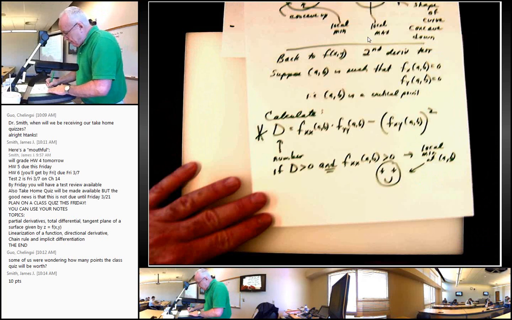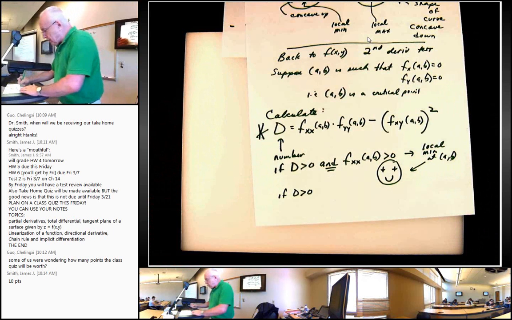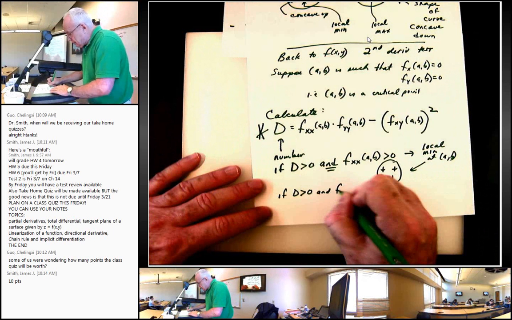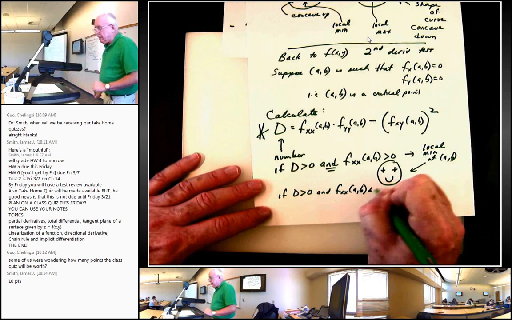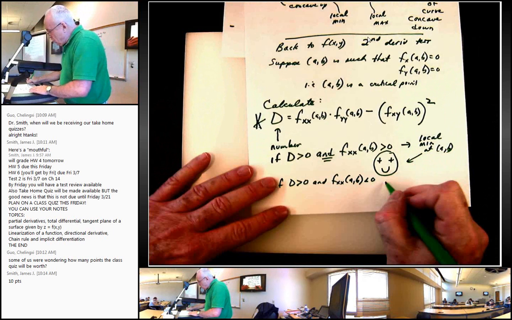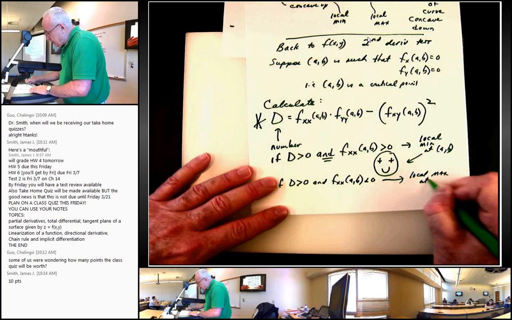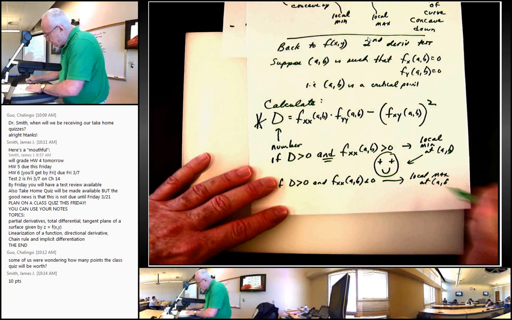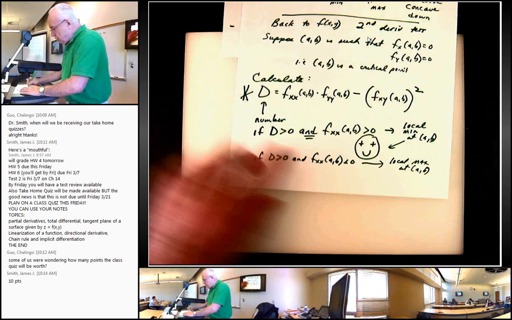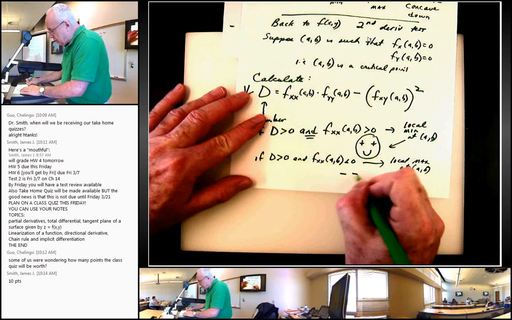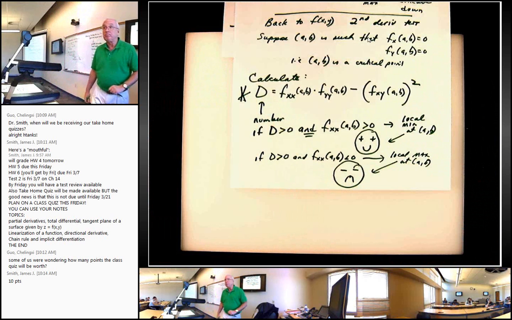Now, if D again is bigger than 0, but this time around fxx is negative, so fxx at (a, b) is less than 0, we're going to then get a local max at (a, b). Again, here fxx is negative. You can look at it this way to help remember it, and that indicates a local maximum.